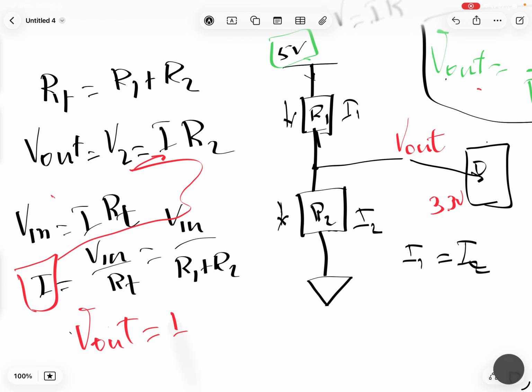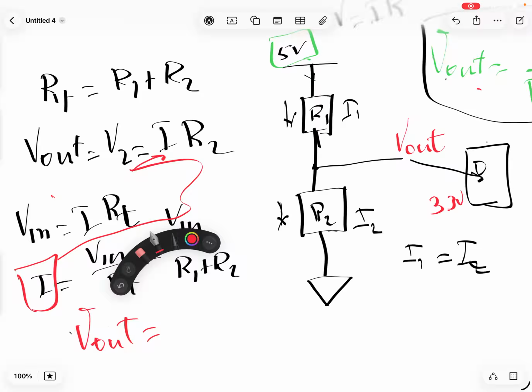equals I times R2, no, we're going to replace the I. So let me clean this up. Okay, right. This Apple pen is quite handy sometimes.